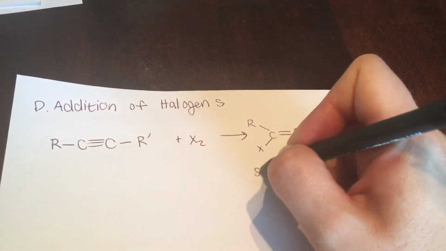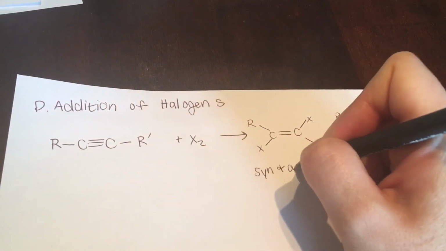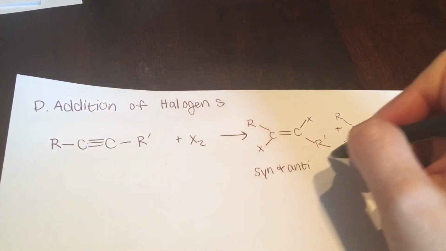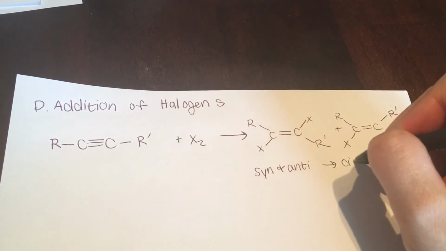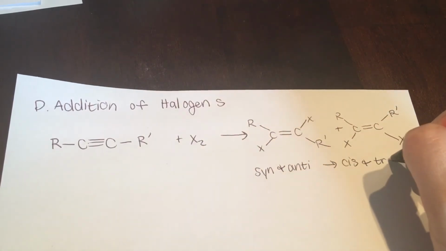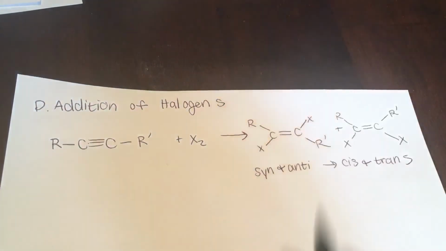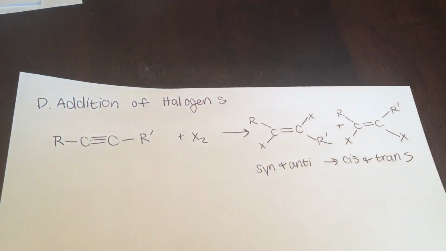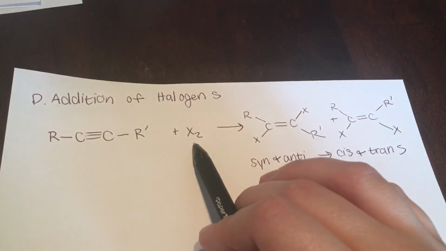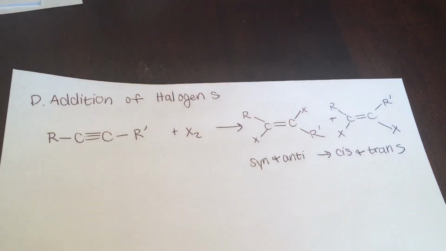So it does both syn and anti addition. And this is going to lead to both cis and trans double bonds. Okay, so that's if we have only one equivalent of Br2, Cl2, X2, or halogen, okay?